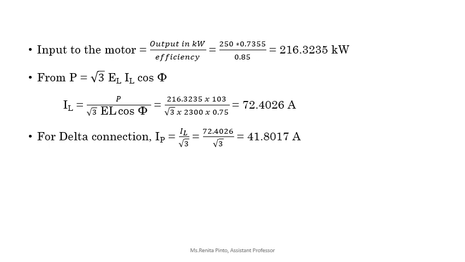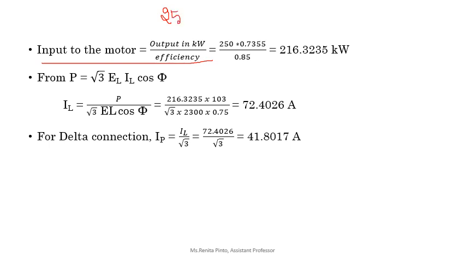Next, I'll first find out the input to the motor. You already know input to the motor is given by this formula: input equals output by efficiency. Output was already given as 250 HP.